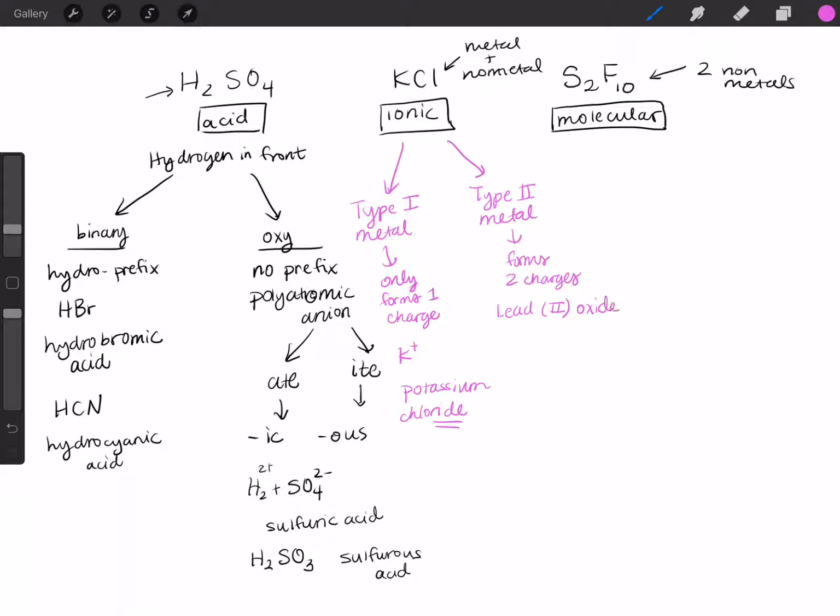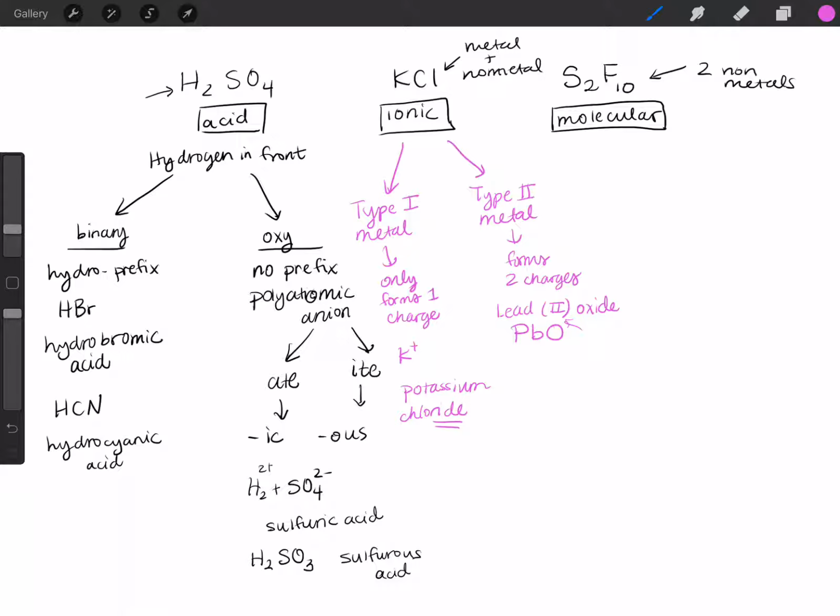You actually picked an ion that lead forms, so that's great. Lead 2 oxide looks like PbO. Why do I need to include that Roman numeral 2? Yes, lead can also form a +4 charge. So we need the Roman numeral to indicate which lead we're talking about.